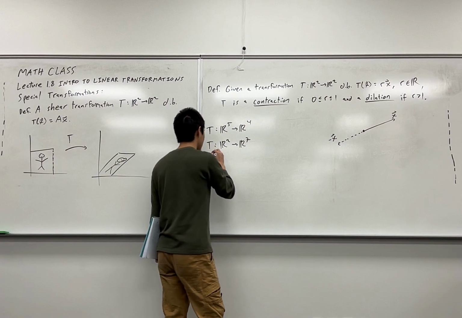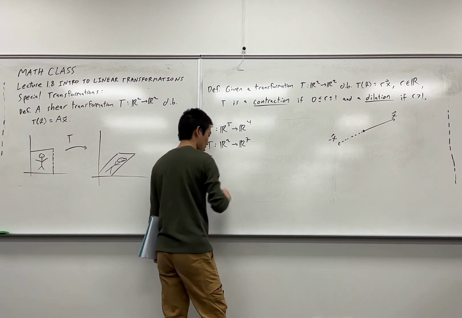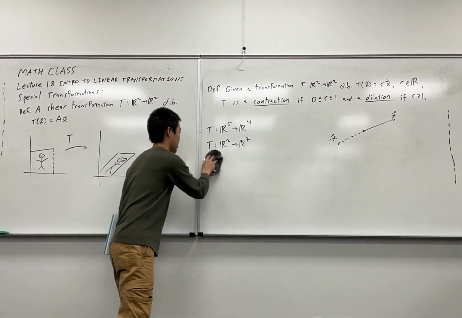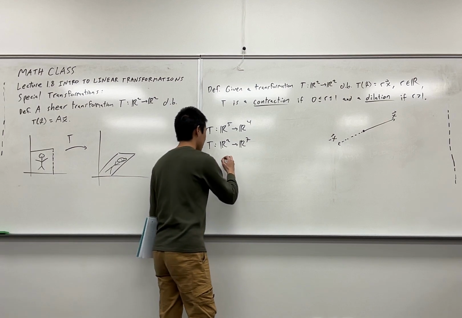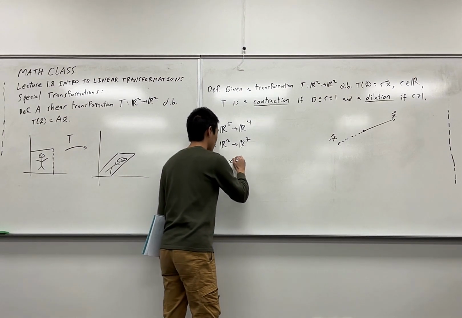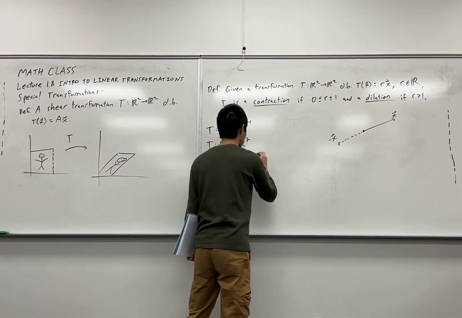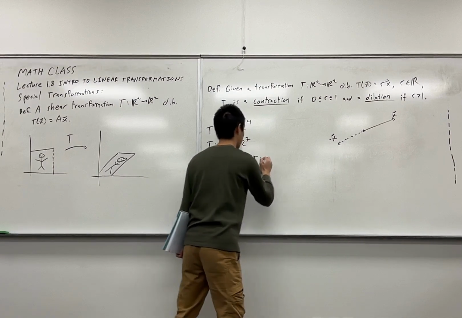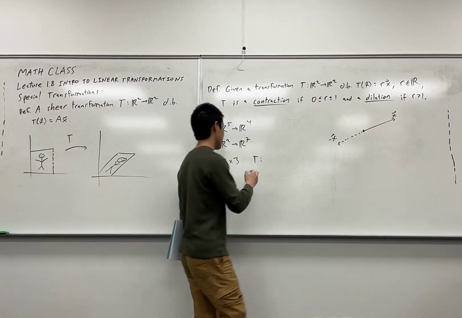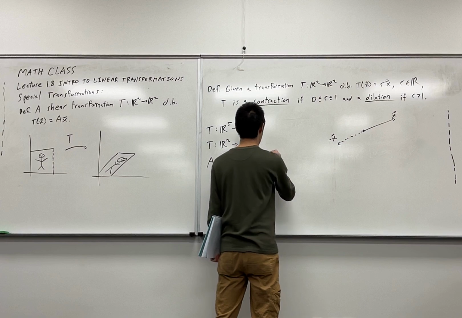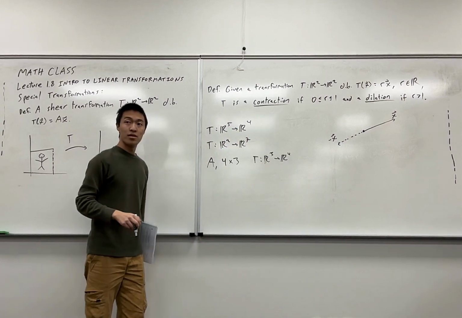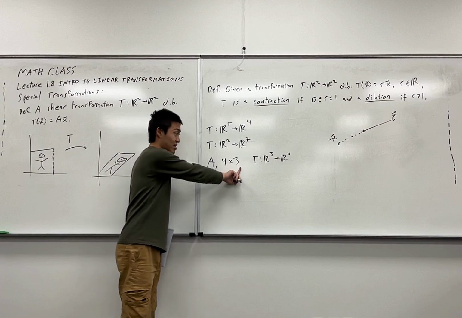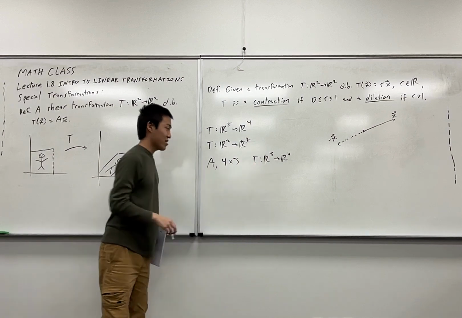If I gave you a matrix A that was 4 by 3, then what would the corresponding transformation look like? R3 to R4. And why R3 to R4? Because that's the number of columns. That's how many entries of x I need in my vector x.